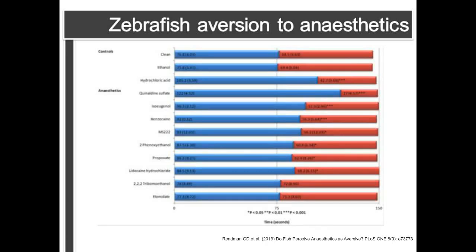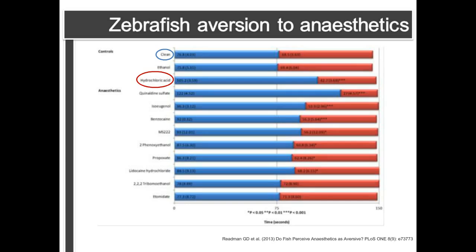In one of them, the zebrafish was placed in a tank with 2 compartments. So you have clean water in both compartments as a control, and as expected, the zebrafish spend 50% of the time on both sides.